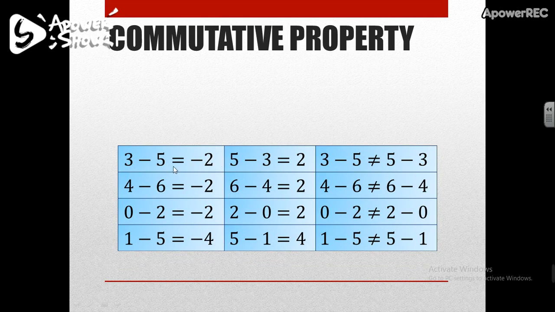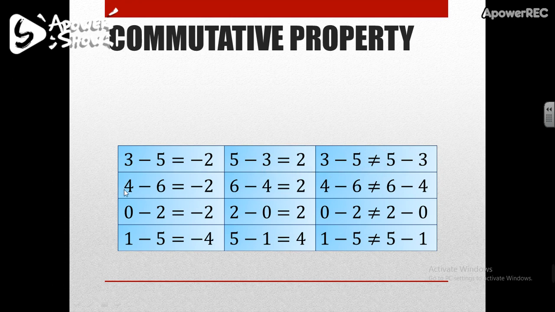Now I am subtracting 3 from 5, so here I am reversing the order of these two whole numbers. So 5 minus 3 equals 2. In the first one I am getting minus 2, and in the second one I am getting 2. That means 3 minus 5 is not equal to 5 minus 3. This is the symbol of not equal. Why? Because minus 2 is not equal to 2.